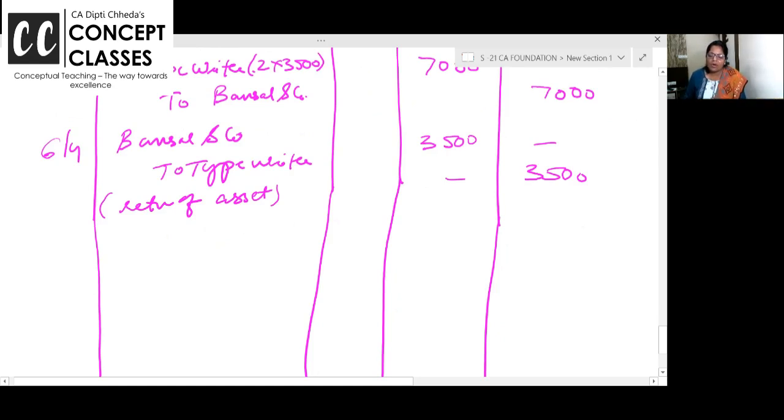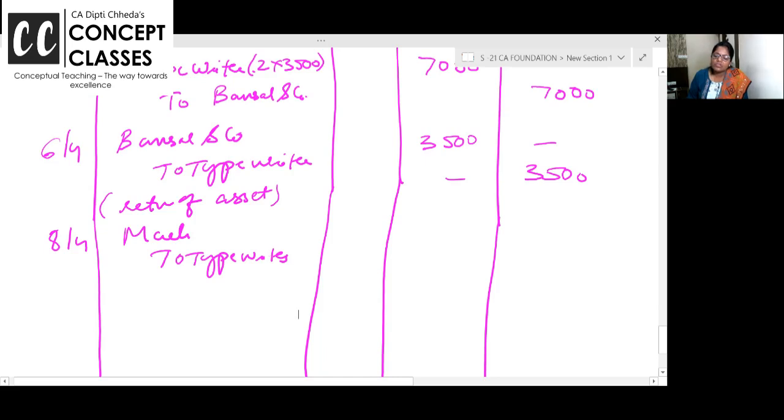Sold on credit again. Some old 2 typewriters are there because you purchased new one, you have sold. To Murli. So Murli account debit. Typewriter credit.